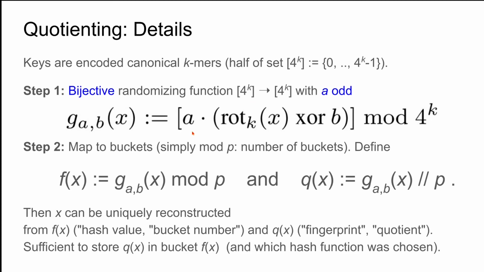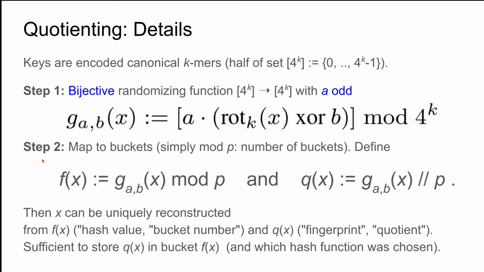So we use a simple hash function that first rotates the bits of the key, then XORs in some arbitrary number and then multiplies by some arbitrary odd number. So the hash function is parameterized by 2 integers and then takes the result again mod 4^k. And because a is odd, it has a multiplicative inverse, and so we can show that it is bijective.